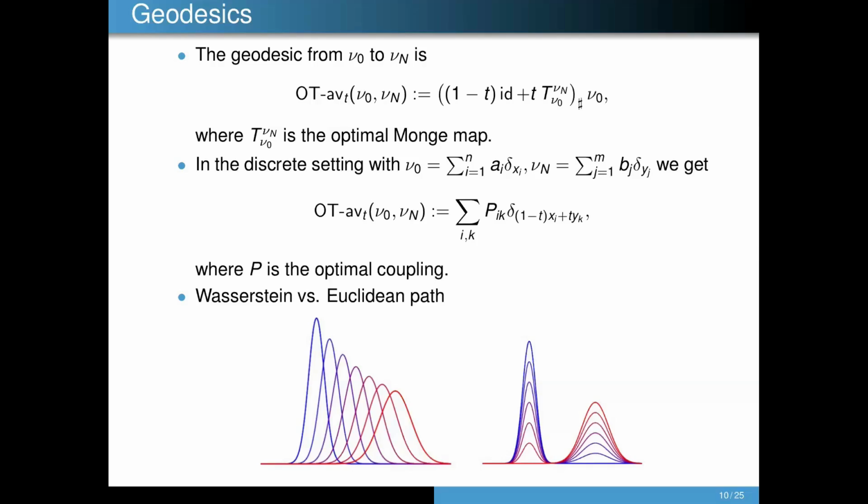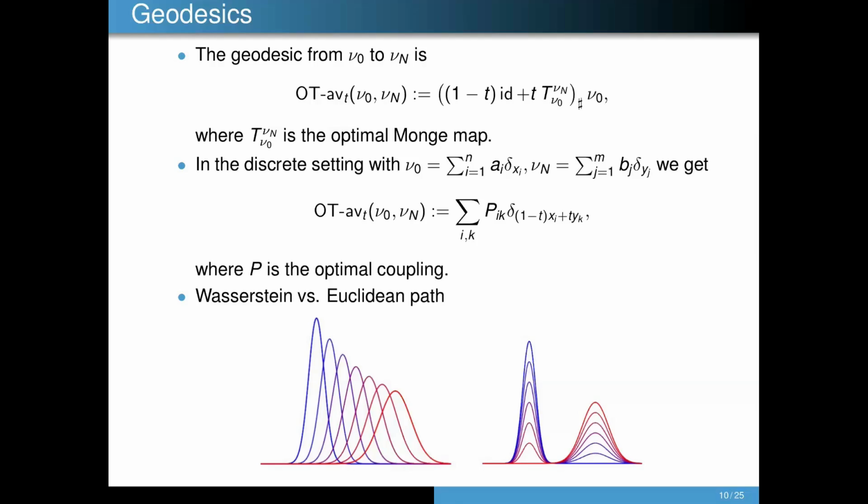Okay, so how do I get this geodesic? It's actually quite simple. If you look at the top equation, what it says is you take your two measures, you compute the optimal transport map, which is the T in the middle, and then you just take a linear interpolant in the function space, right? It's (1 minus t) times the identity plus t times the optimal transport map.